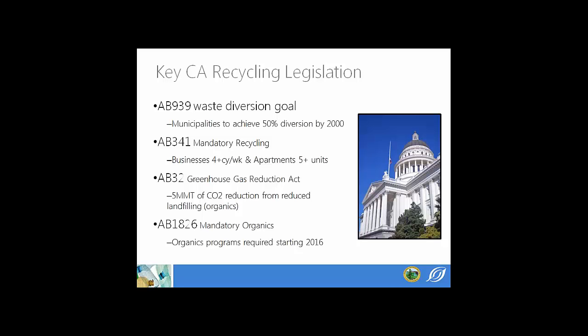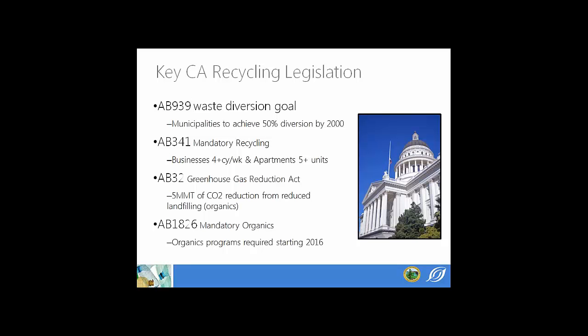And then AB 32 is the Greenhouse Gas Reduction Act, and that one basically said that through reductions of material going to landfills, we have to reduce 5 million metric tons of CO2, and a lot of other policies and practices have come out of AB 32, including the last one, which is AB 1826. This is one of our newest pieces of legislation that a lot of the communities are rolling out education and programs.